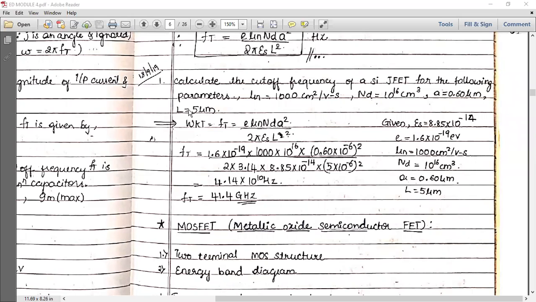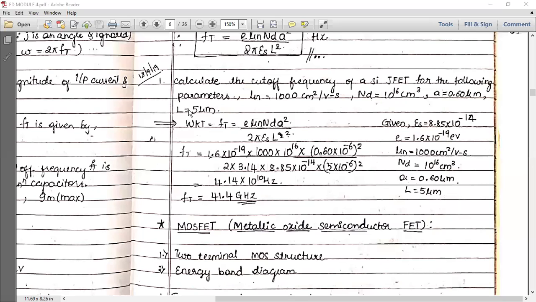Shalini responded with the answer 2.87 into 10 raised to 10. I hope this is correct, because many of you have left out that 10 raised to 10 term. That is very important.